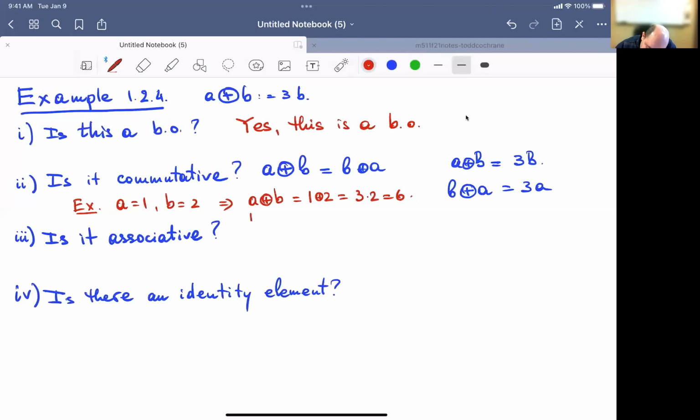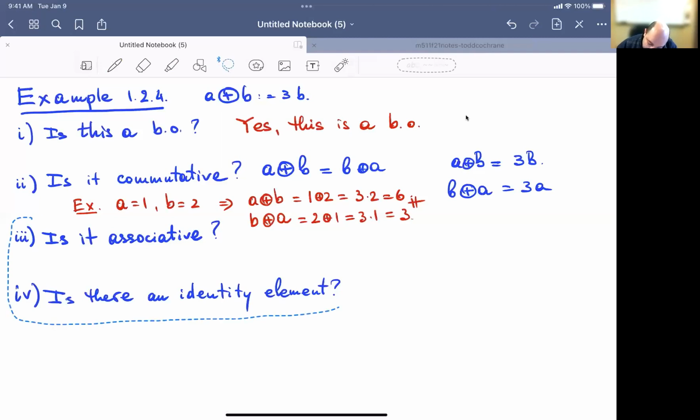On the other hand, b circle a is 2 circle 1, which is 3 times the last number, which is 1, so that's 3, and 6 is not equal to 3. So this is not commutative.